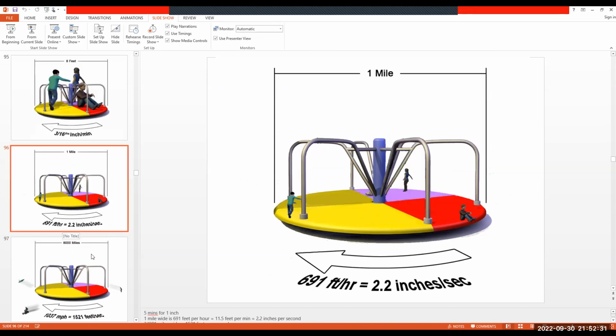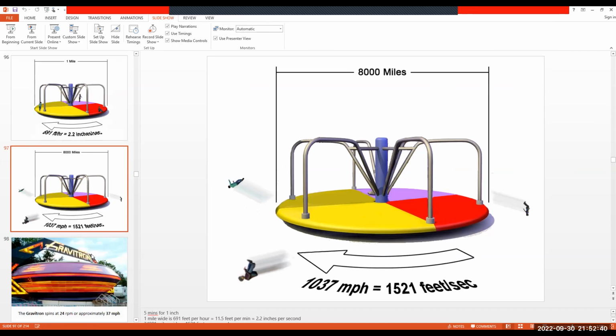For crying out loud, what is different between this model and the model of the Earth? When I say 8,000 miles across, you know exactly what. No, explain to me, because this roundabout is the width of the Earth, and it's going round once every 24 hours.